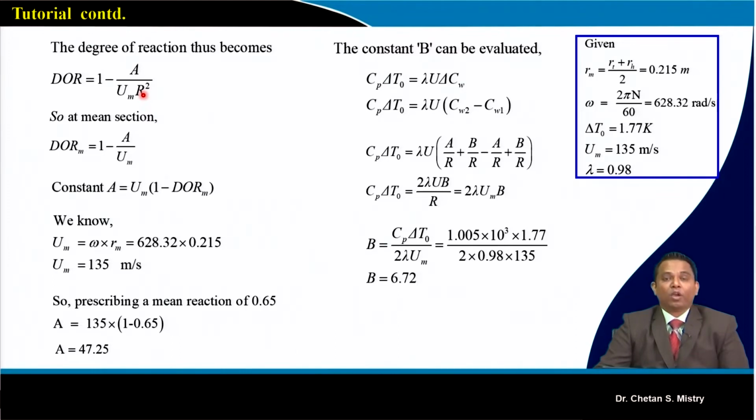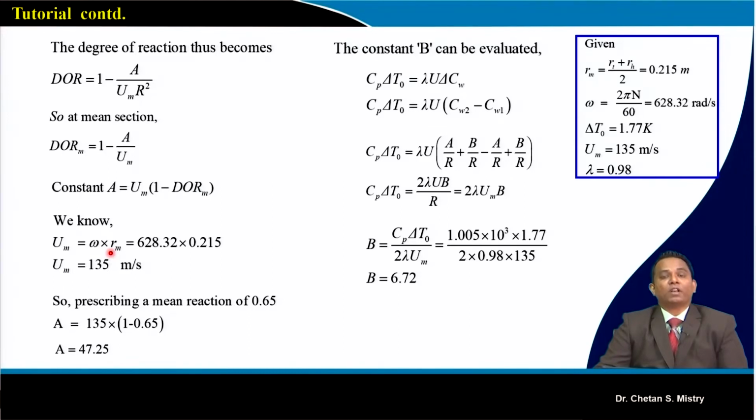Now, at the mid station, R by Rm, that is Rm by Rm, gets cancelled. So at the mid station it is given by 1 minus A by Um. So you can calculate the constant A. For that we need U mean, which we write as omega into Rm.